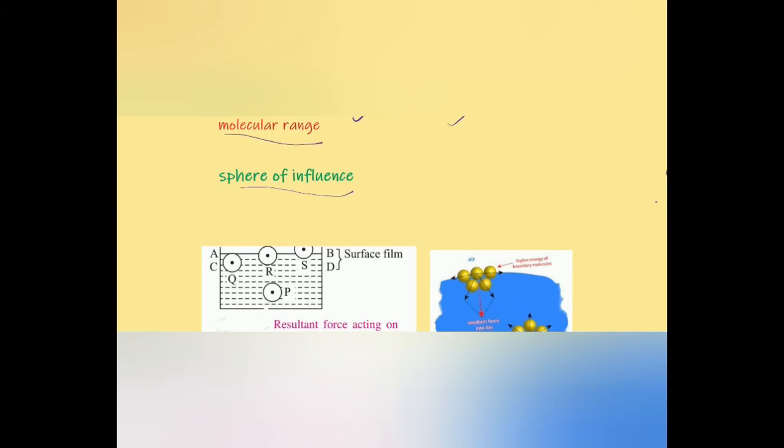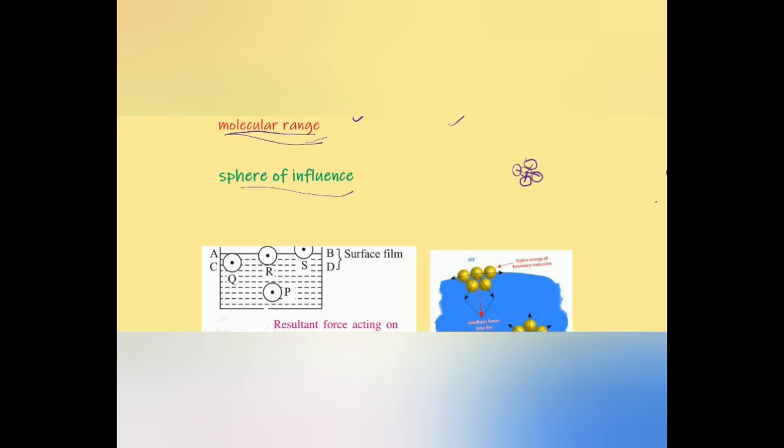When you take a molecule here, and these are the neighboring molecules, with this molecule as the center, the maximum distance up to which the force of attraction between the molecules exists, that is molecular range.